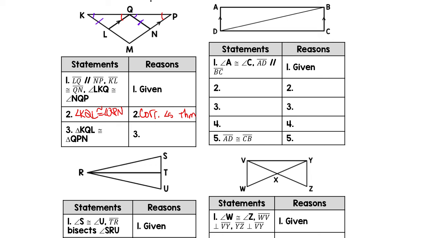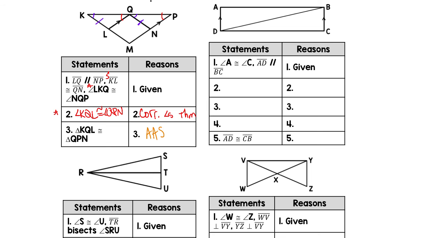Corresponding angle theorem. So we've got a side and an angle and an angle. So we can say that triangle KQL and triangle QPN are congruent because of the angle-side congruence.